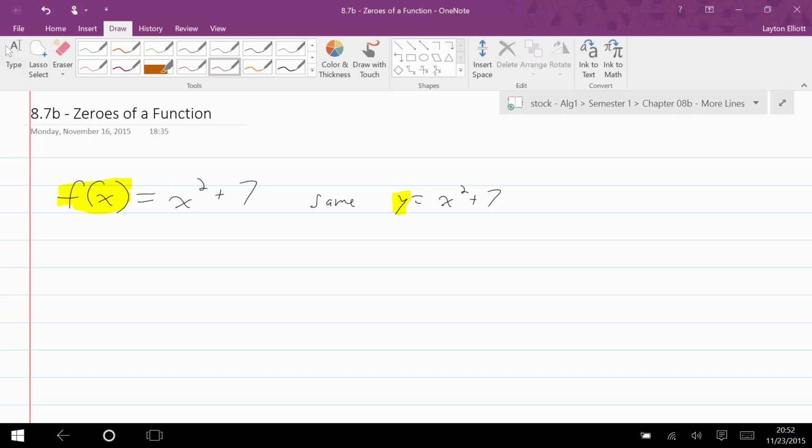That's a little simplistic, but f of x means the result of what happens when we plug in x.